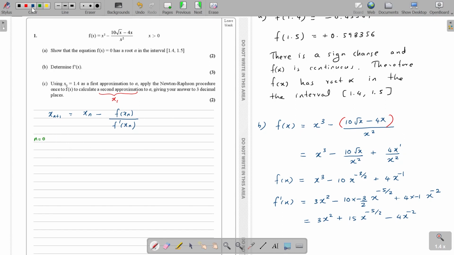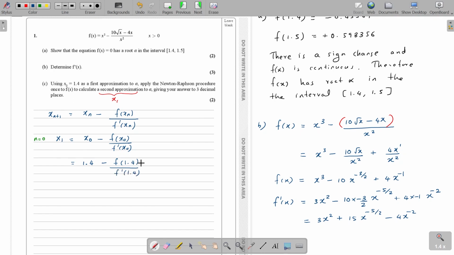Then I get here x1 equals x naught minus f(x naught) over f dash x naught. Are you with me? So shall we substitute the value? How much is x naught? 1.4, given to us as 1.4, minus f of 1.4 divided by f dash 1.4.